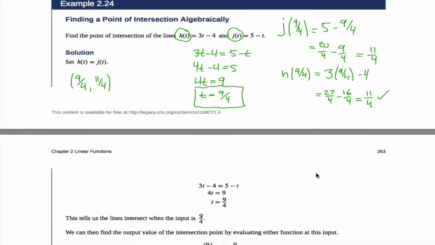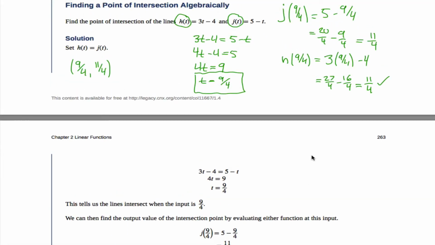You could try to graph these to check your answer. I don't know, maybe this is a bit overkill, but I'll do it real quick. First, note that you're not going to be able to check your answer very well because these are all fractional, and you've seen how terrible my graphs are. We won't be able to get anything precise, but we can check it for reasonableness. 5 minus t, you could think about this as negative 1t plus 5. So the y-intercept is at 5, and the slope is negative 1.